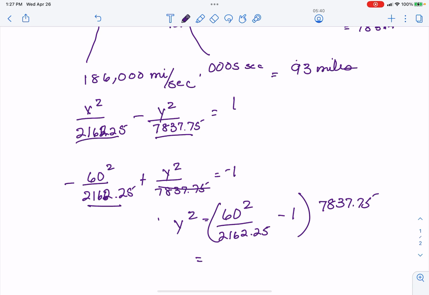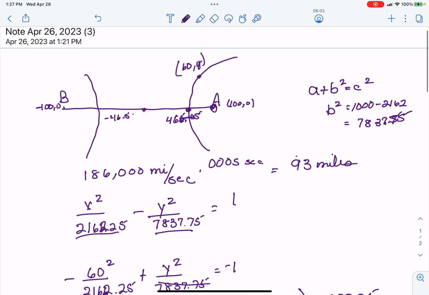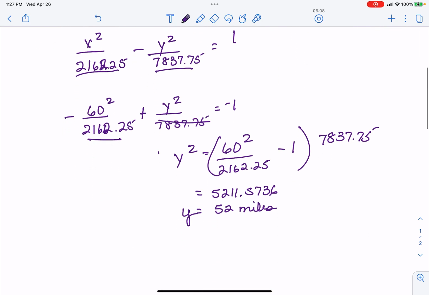I've already done this on my calculator, so see if you can get this on your calculator. You get y squared is equal to 5,211.5736. So you take the square root, and y is equal to 72 miles. So this point up here is (60, 72). Okay? I hope that makes sense.